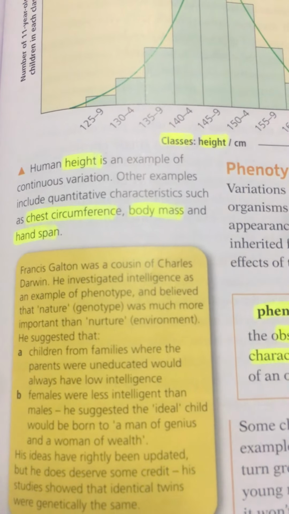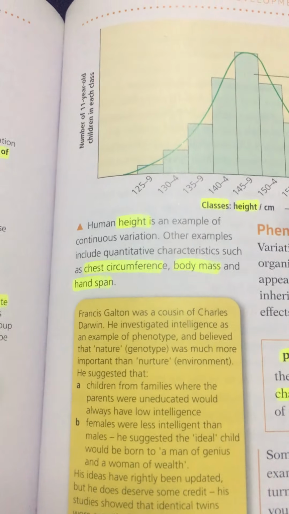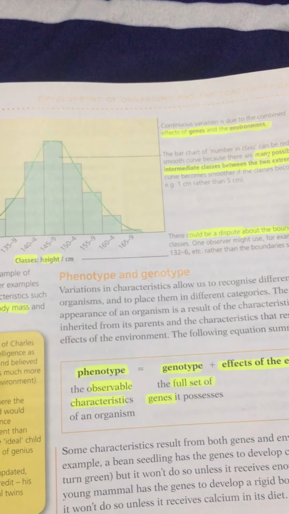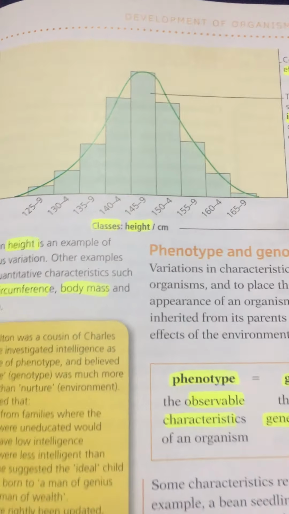So we have many examples of continuous variation. What are the properties of the bar chart of continuous variation? Focus with me here. You have to know that the bar chart can be drawn as a smooth curve.